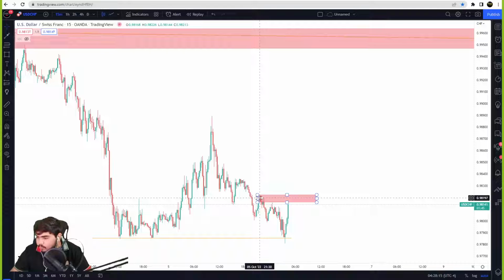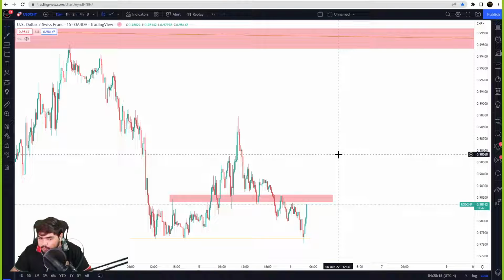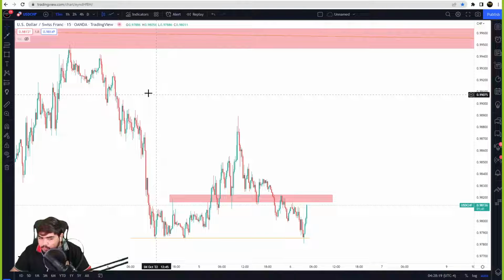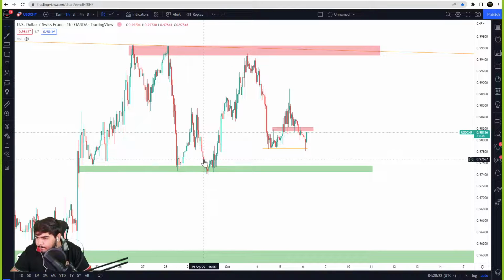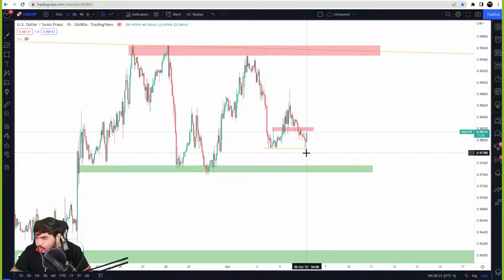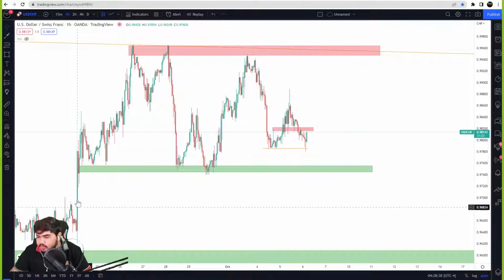If you look at the 1 hour time frame, we have a big imbalance, and there seems to be an area below that level, the major one, on the left side.